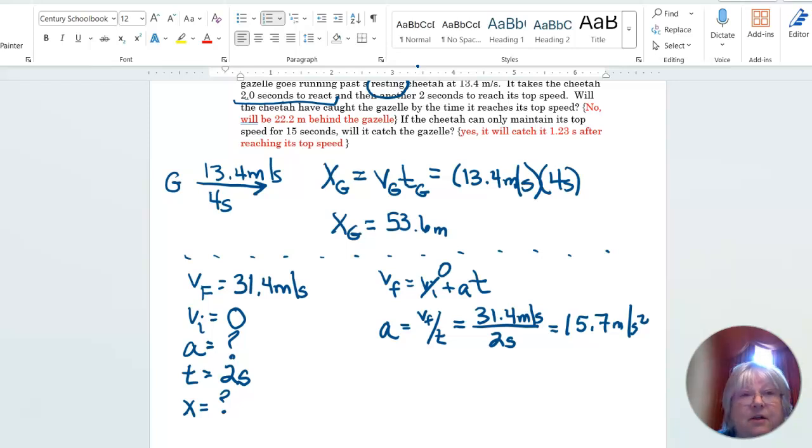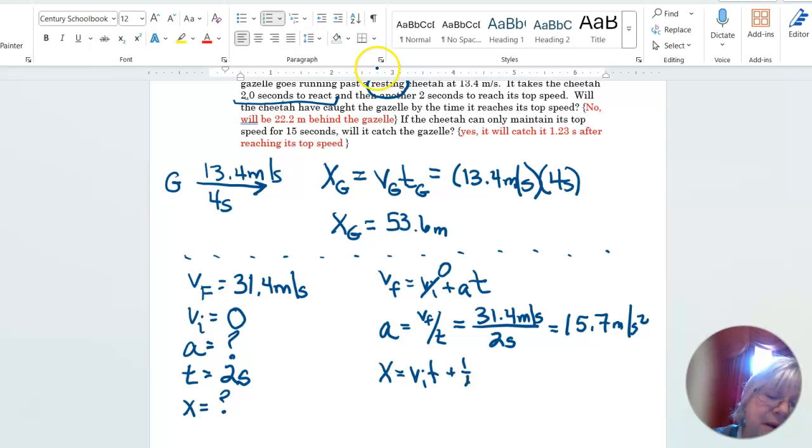Now that I know its acceleration, I now can figure out what distance the cheetah will run in that time period. Now to do that, I can use either of my other two kinematics equations, but I'm going to pick this one.